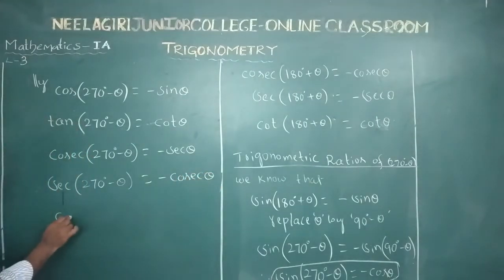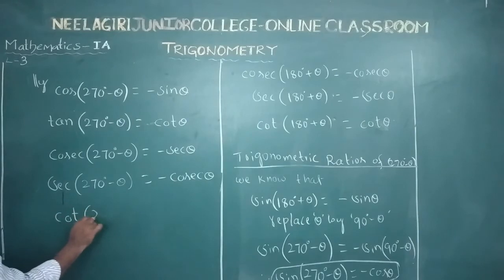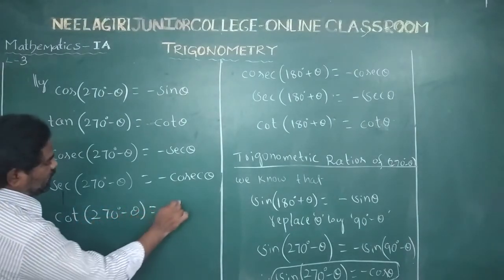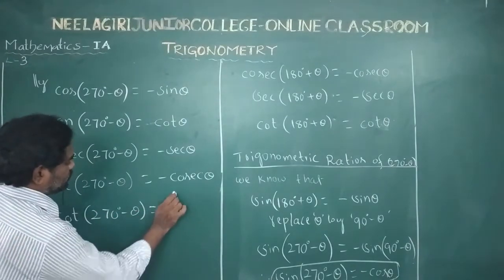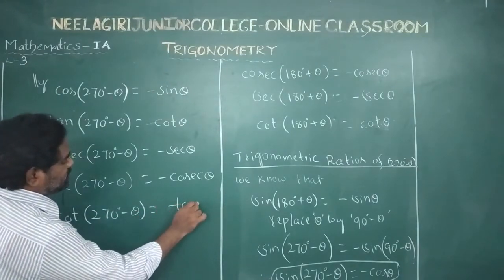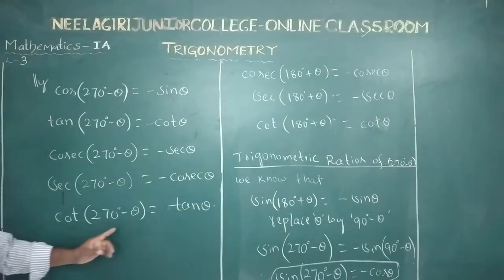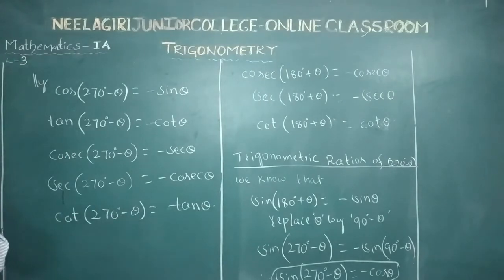Cot of 270 minus theta equals plus tan theta. Okay? These are the trigonometric ratios of 270 minus theta.